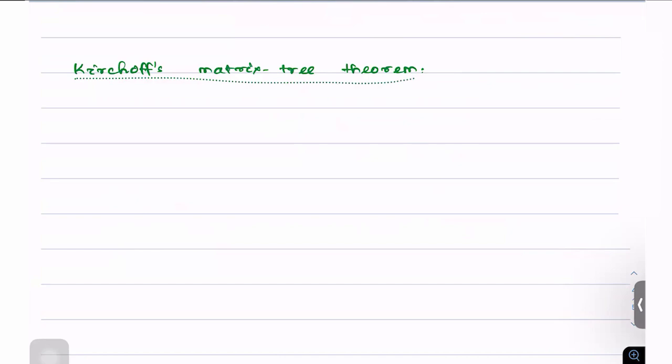Let's look at yet another interesting property that arises for undirected networks, which is Kirchhoff's matrix tree theorem. What is this theorem and what does it mean?